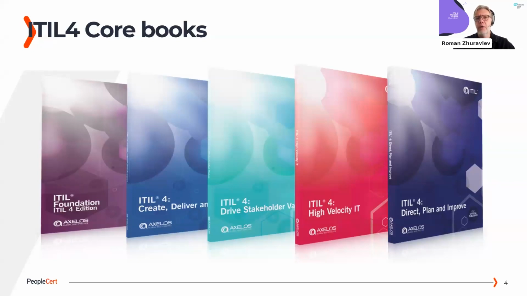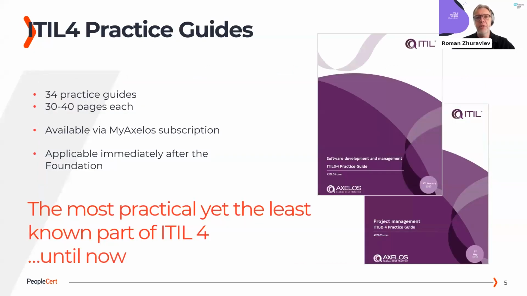So the first 4 were published in May 2019, and then the other 30 followed, supporting the respective launch of the pairs of the books. So by, let's say, the end of the first quarter of 2020, we had 34 practice guides published.